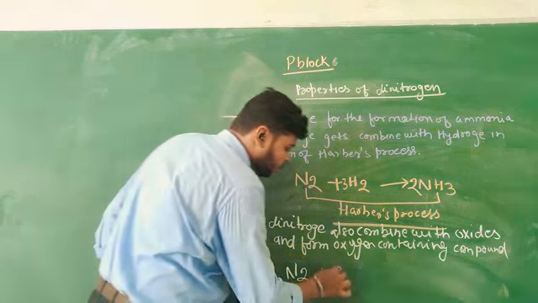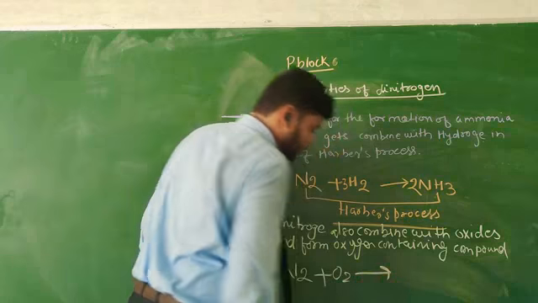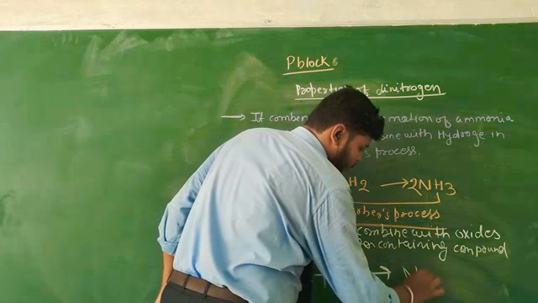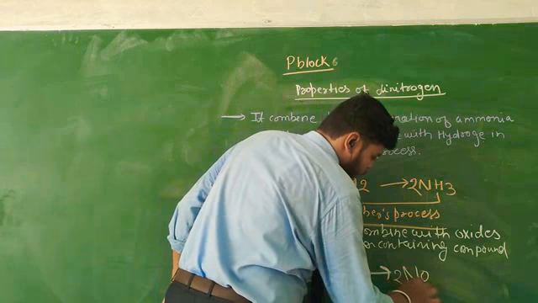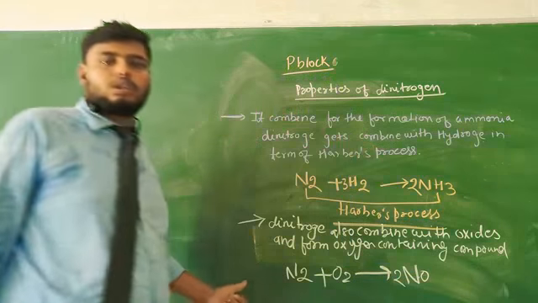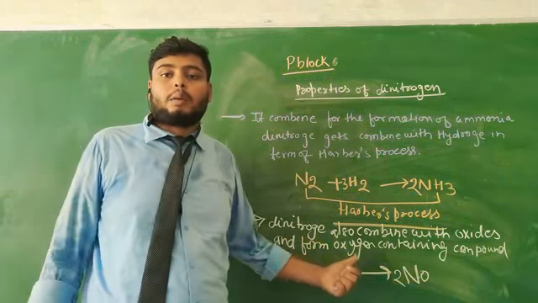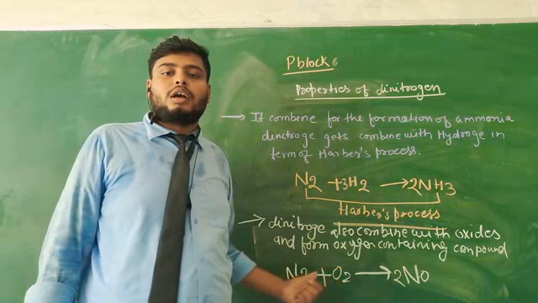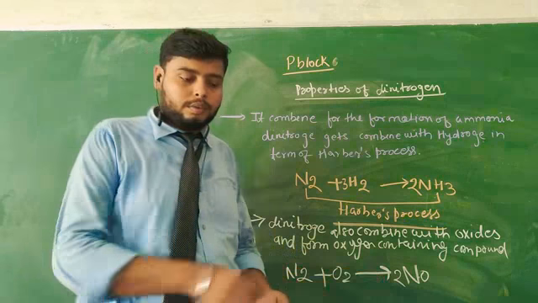Oxygen, O2, forming NO, 2NO. So these are the chemical properties of dinitrogen here.